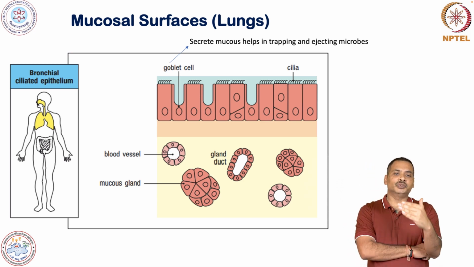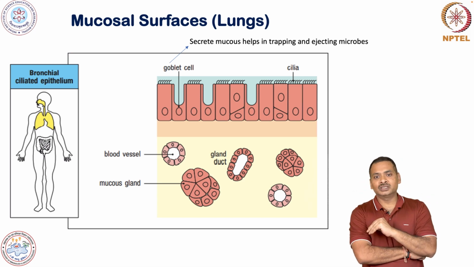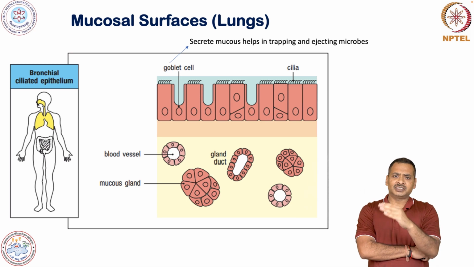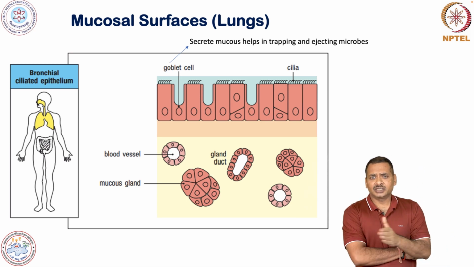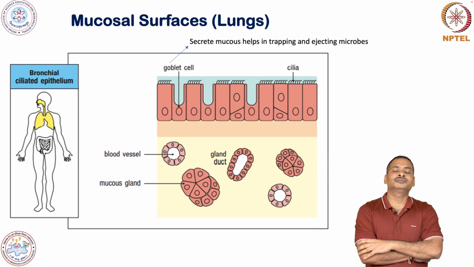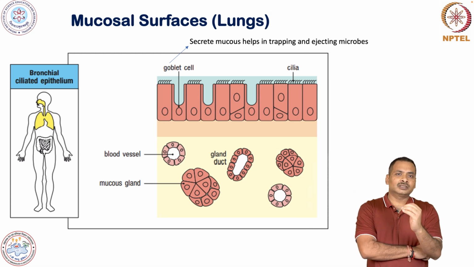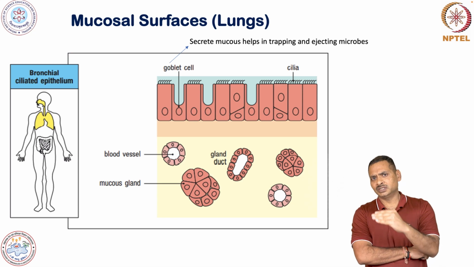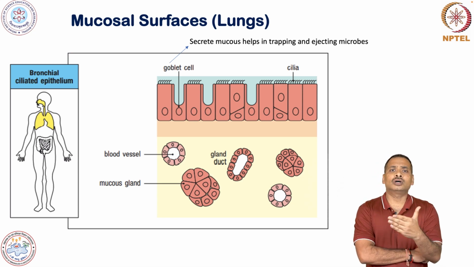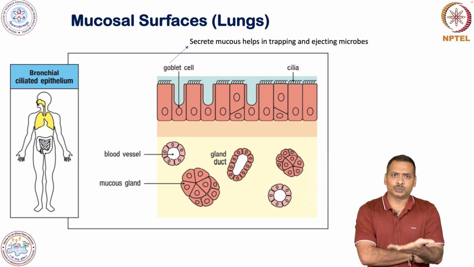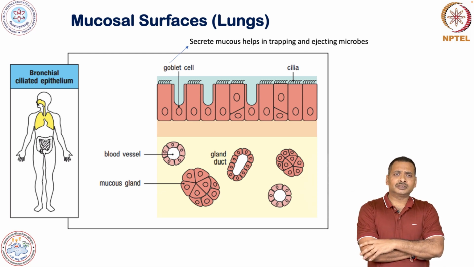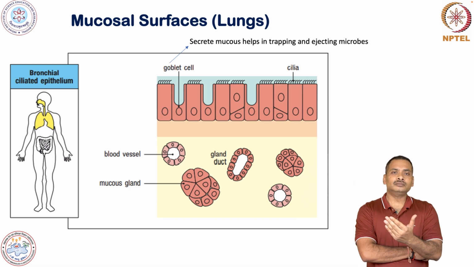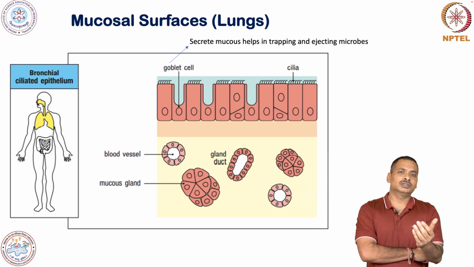The production of mucus, along with the ciliary movement of this epithelial lining, which has cilia that keep on moving, basically throws out the microbes. And in this way we can protect the host from infection.